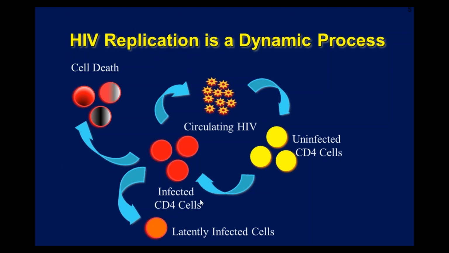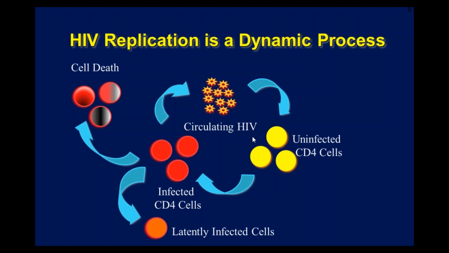And so what we have over time is this circular process going on, where every time the body realizes that there are cells being destroyed or infected with HIV, it makes new cells. It makes more CD4 cells, which then become infected, which then generate more CD4 cells, which then become infected, and it's basically like a fire.